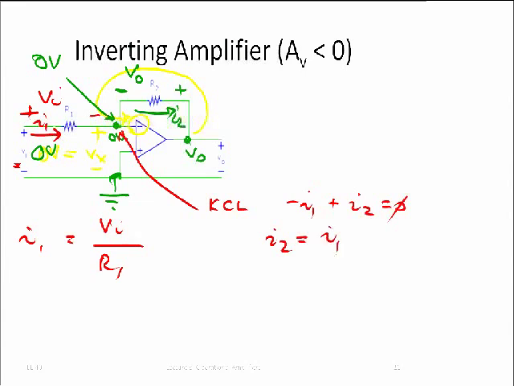So now, using Ohm's law, we can find out that Vout is equal to R2 times I2, which is equal to I1. And now I've actually made a small mistake here. What is the mistake that I made? There is a minus sign here. Why is there a minus sign here? Look at this.